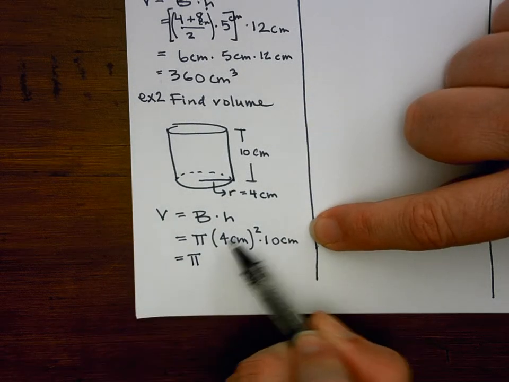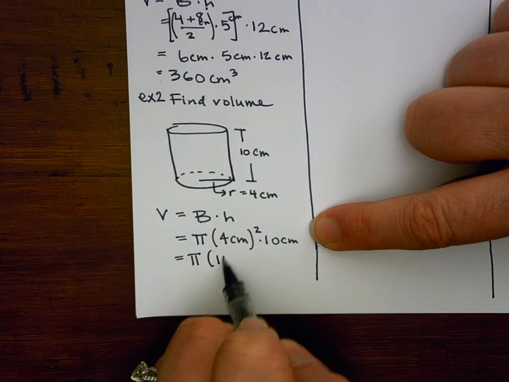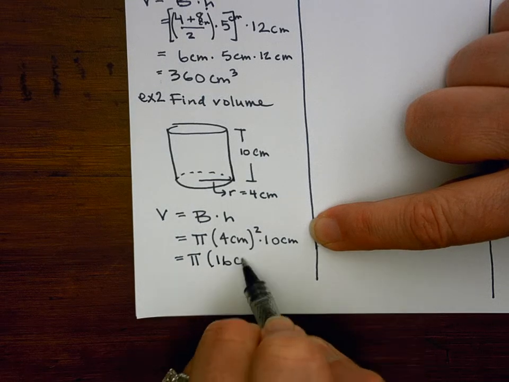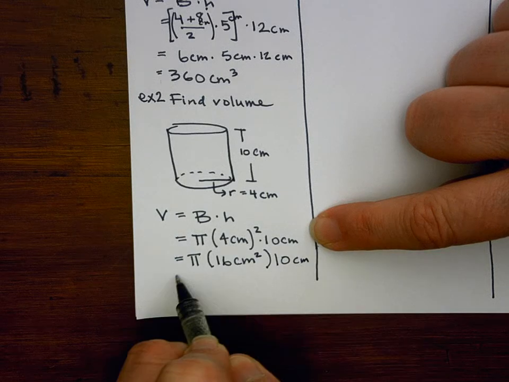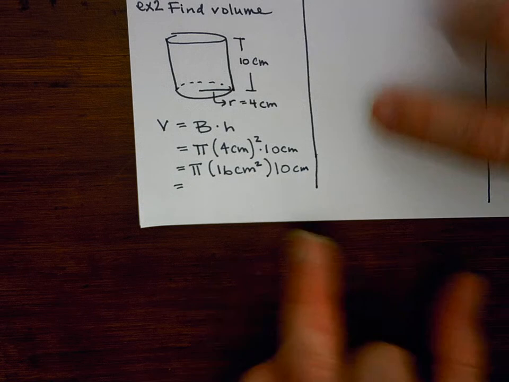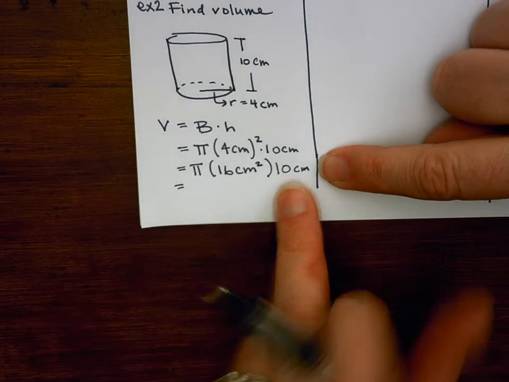So 4 times 4 is 16, and then that would be centimeters squared, and then times 10. So then 16 times 10 is 160.